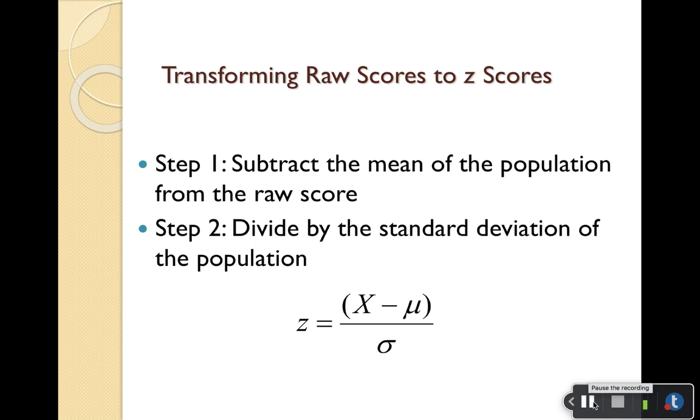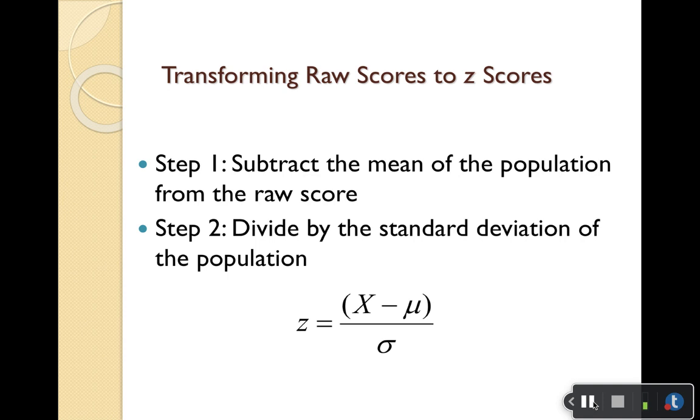To transform a raw or individual score into a z-score, there are a couple of steps, going back to that formula. There are some good examples in your text. There's one on page 46 that talks about SAT scores, and I would encourage you to walk through it and make sure that makes sense. But let's think about a really simple example that we don't even really need the formula for.